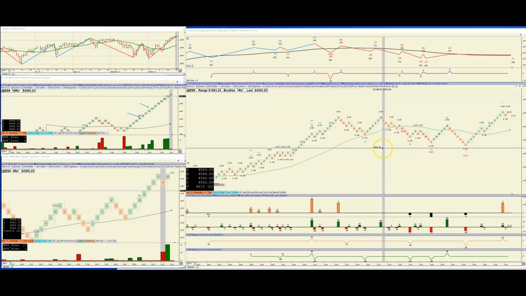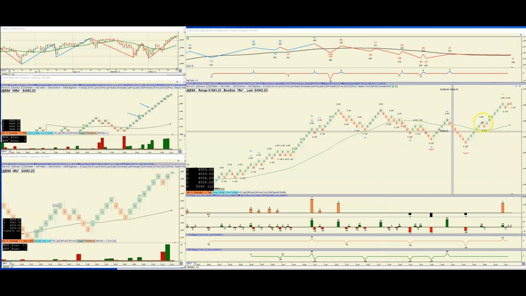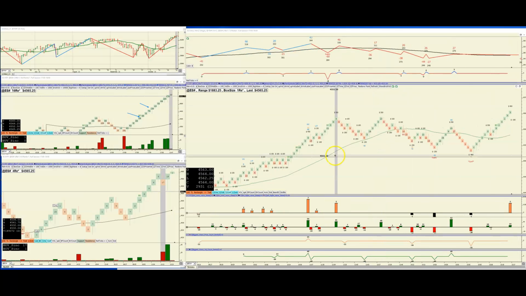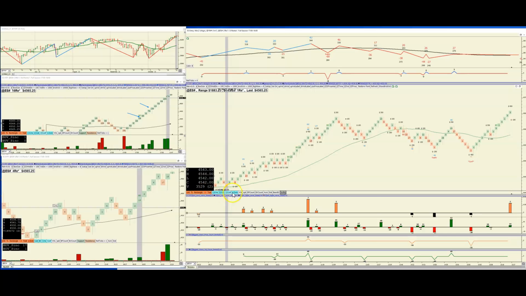The key thing here, which caught the attention, was this brick.